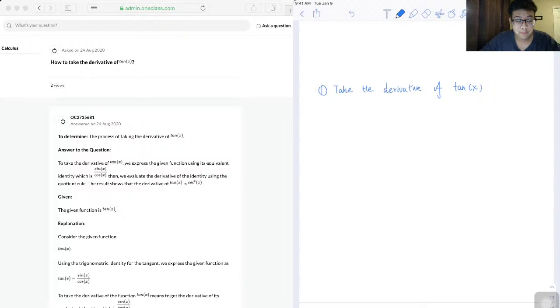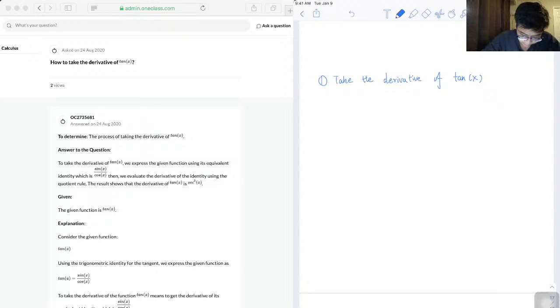Before jumping to this question, I would first like to talk about two things. The first thing is, we know that tangent x can be written as sine x over cosine x.